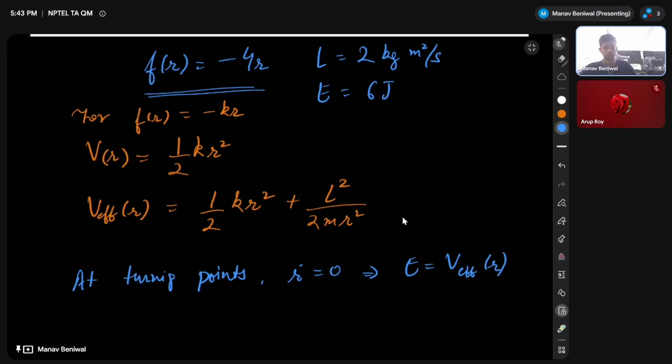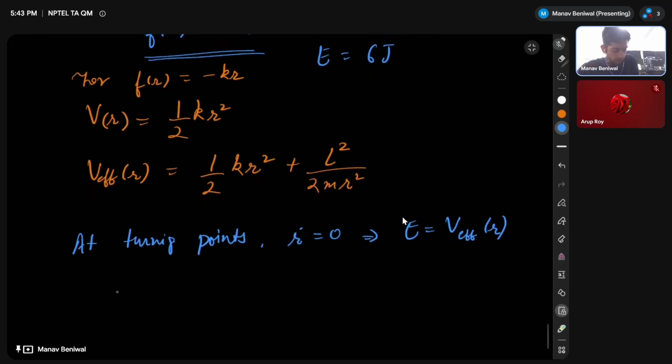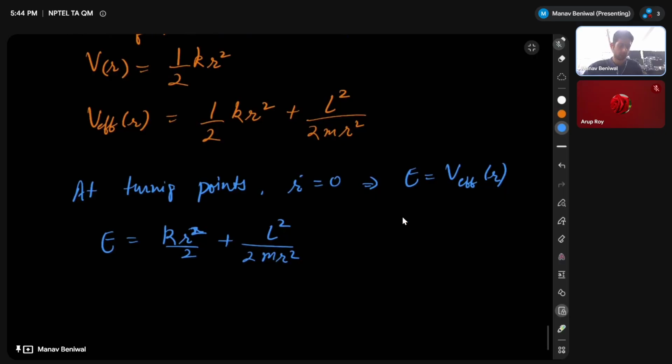There is no kinetic energy of the particle at turning points. So our energy E then becomes k r squared over 2 plus L squared over 2 m r squared. Now we want to solve for r, right? We want to find out at what value of r we actually have a turning point. So this is the equation that satisfies those values of r.